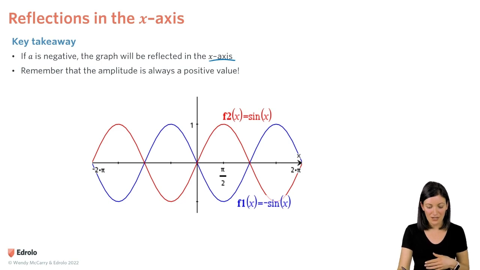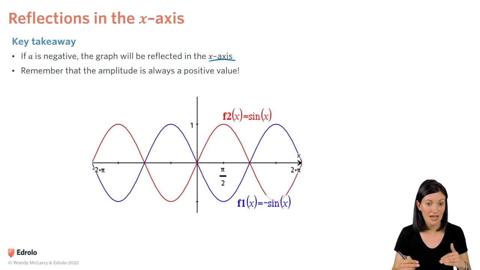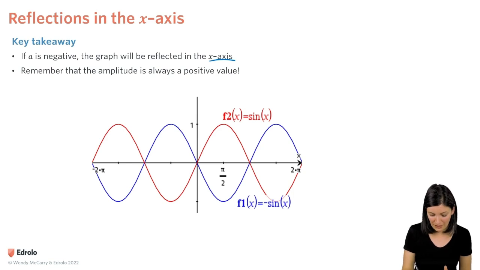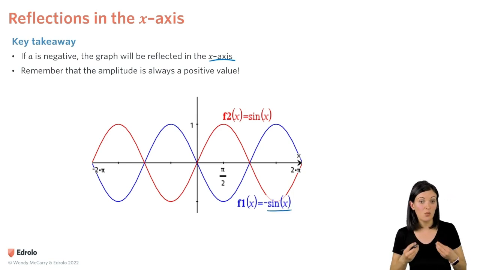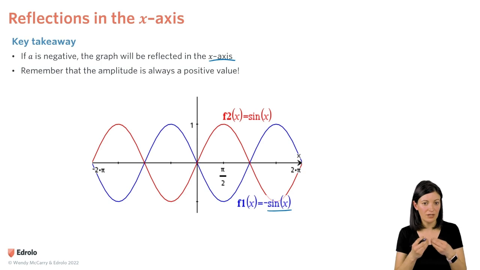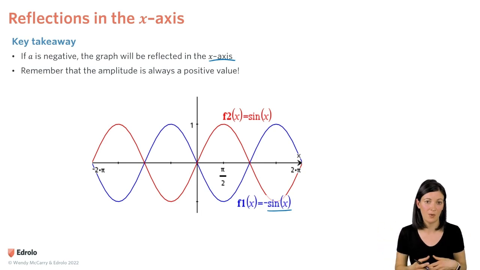Here's two functions here. Sine x is your red curve, okay? And then you can see that negative sine x is just a reflection in the x-axis. But remember, even for this one here, the amplitude is still 1, okay? So even though I've got that negative in front of it there, I would still say the amplitude is 1, and the range stays as -1 to 1 as well.